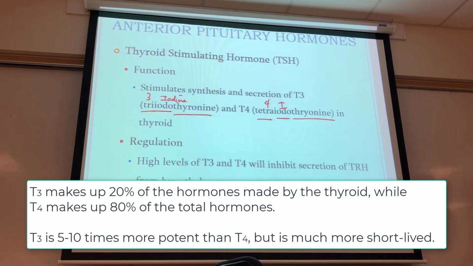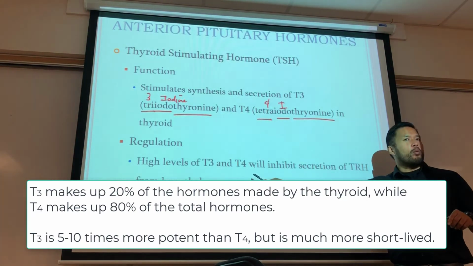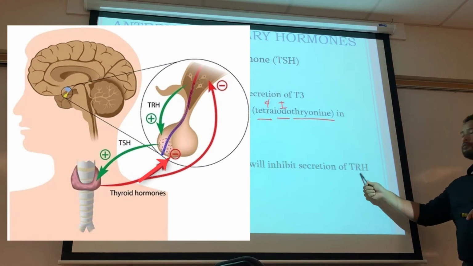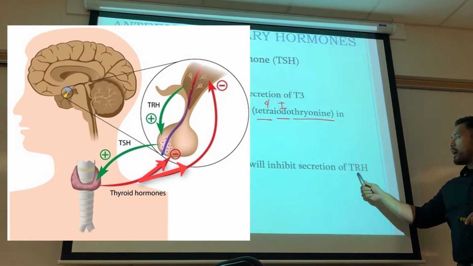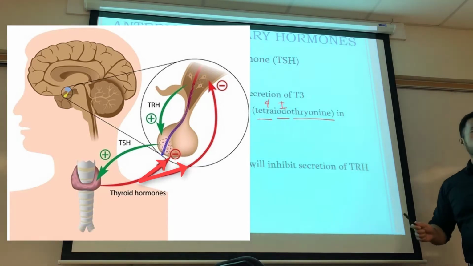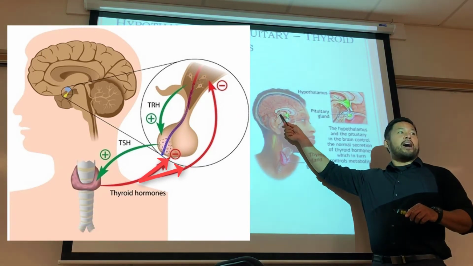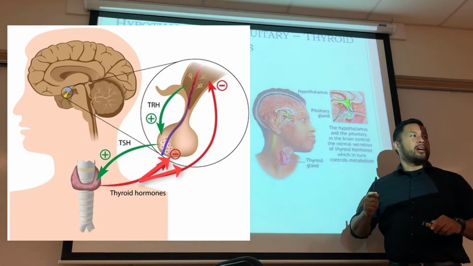And now that we have our thyroid producing T3 and T4, what's going to come back is a form of negative feedback. T3 and T4, when we make enough of it, is going to go back and turn off the production of our thyrotropin releasing hormone. It will go back to the hypothalamus and say, I've got enough of this, limit that production.